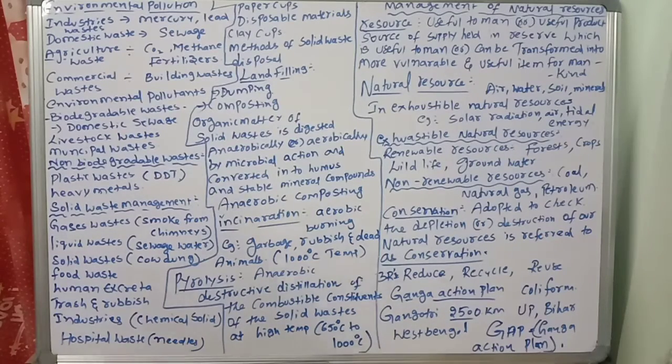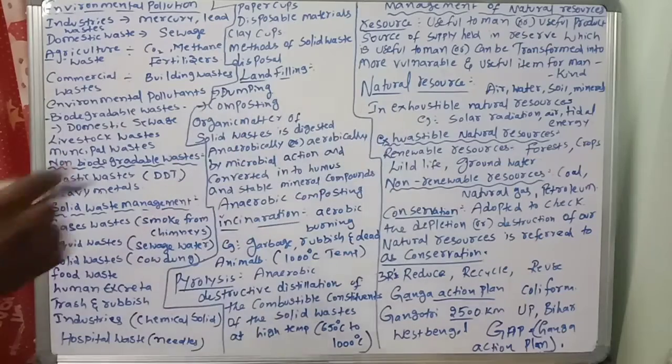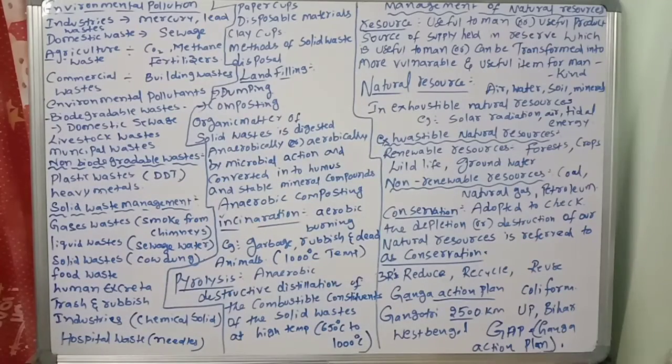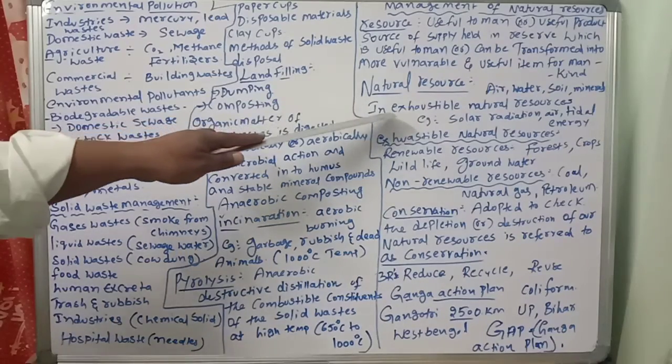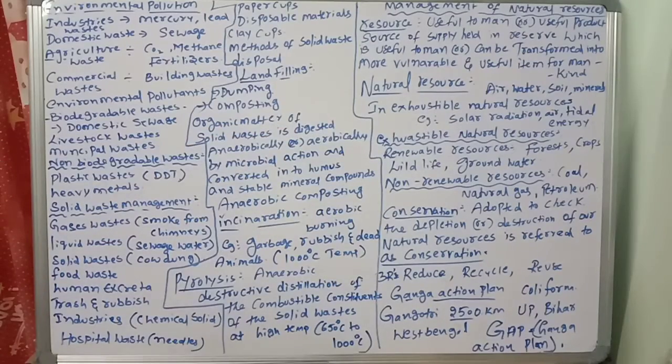Inexhaustible. This is very important. Inexhaustible natural resources, exhaustible resources, and renewable resources, non-renewable resources. Inexhaustible means solar radiation, air, tidal energy. You know very well, solar energy, what is that?